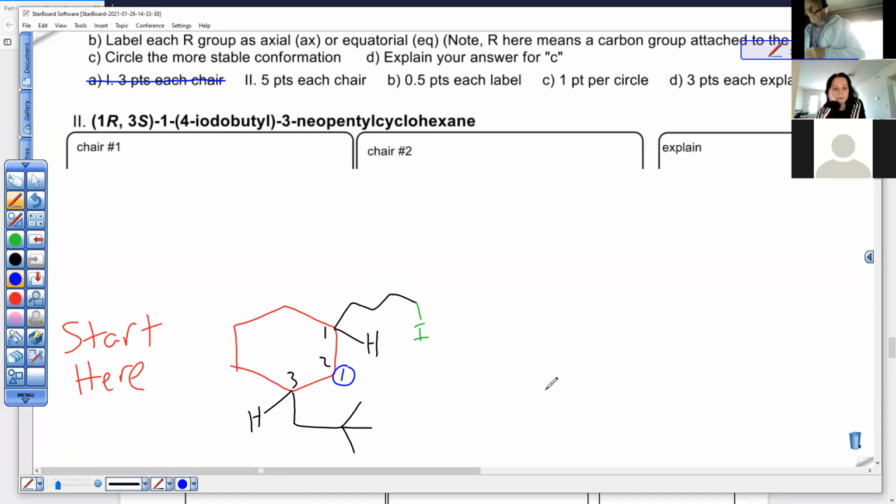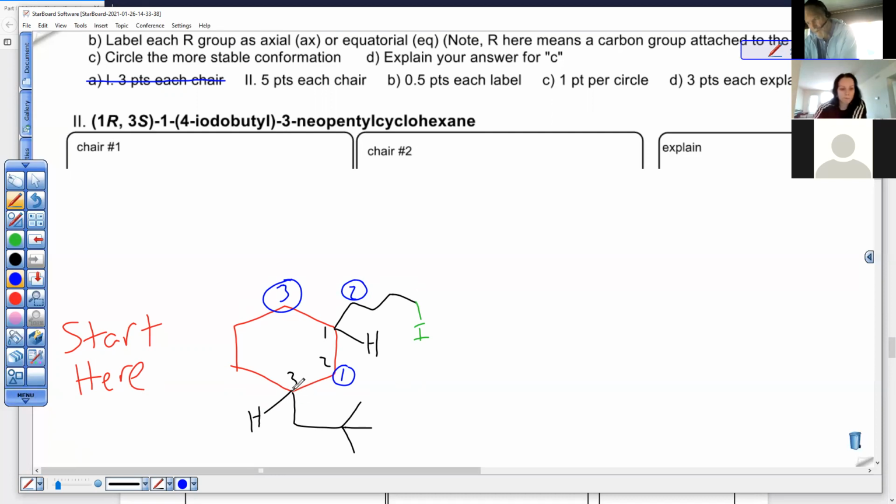And I'm pretty sure this is 2, but I've got to verify it. Pretty sure that's a 2, and this is a 3. Let's go through the steps. How many CH2s are tied? CH2 once, twice, 3 times, 4 times. CH2 once, twice, 3 times, and it's not really a CH2, but it's the same distance away.